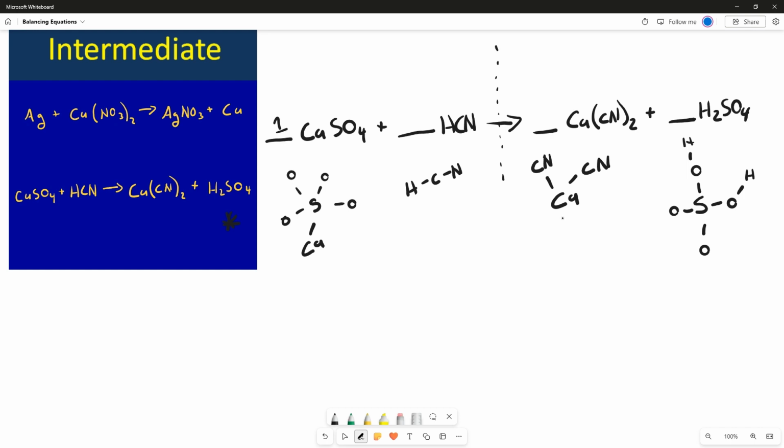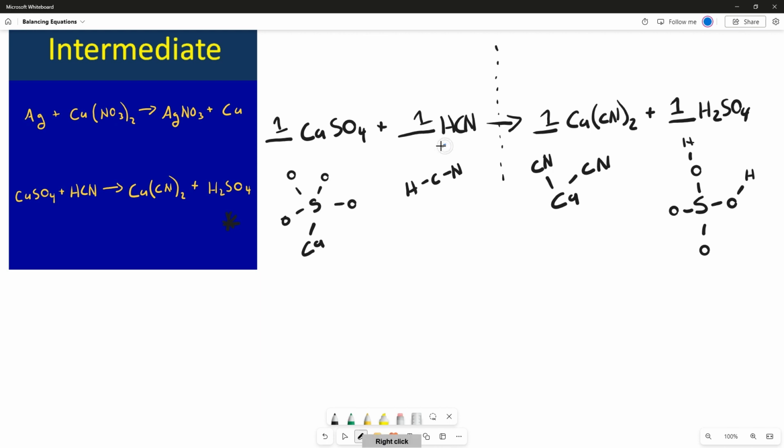And again, I'll put in 1s for everything to start off with. Then we'll go to the sulfur. We have 1 sulfur on the left-hand side, 1 sulfur on the right-hand side, so we're good with that. Then we look at oxygens. We have 1, 2, 3, 4 oxygens on the left-hand side, 1, 2, 3, 4 oxygens on the right-hand side. So far, everything looks good.